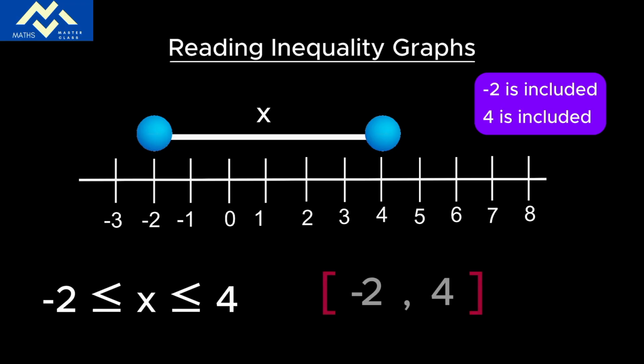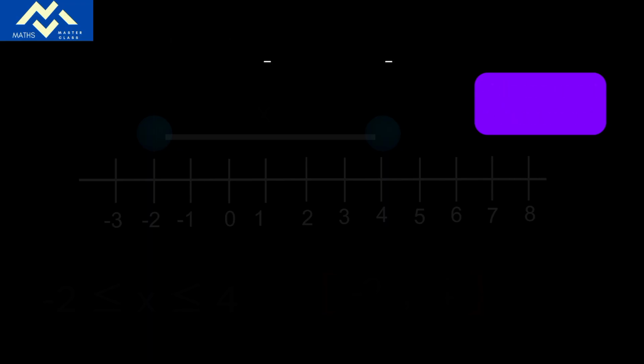In interval notation, we write square bracket at -2, comma, and square bracket at 4. Once you understand the relationship between circles and brackets, converting between graphs, inequalities, and interval notation becomes much easier.